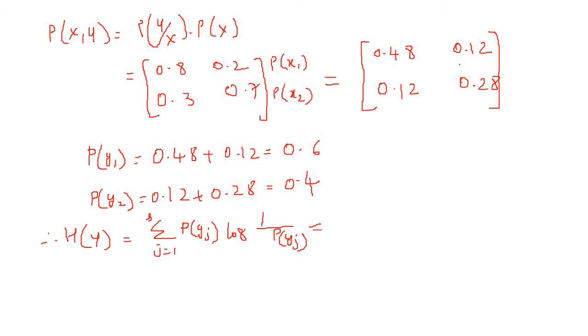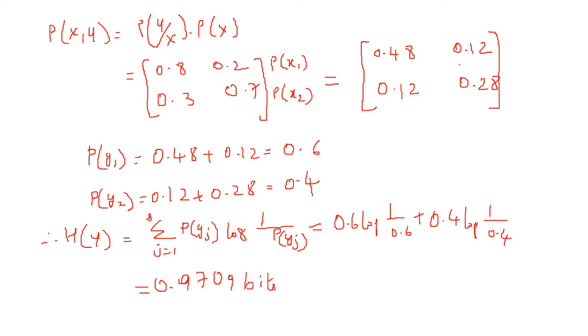So after substitution, we get 0.6 log 1/0.6 plus 0.4 into log 1/0.4. Substitute the value, you will get the output entropy H(Y), which will be equal to 0.9709 bits per symbol.